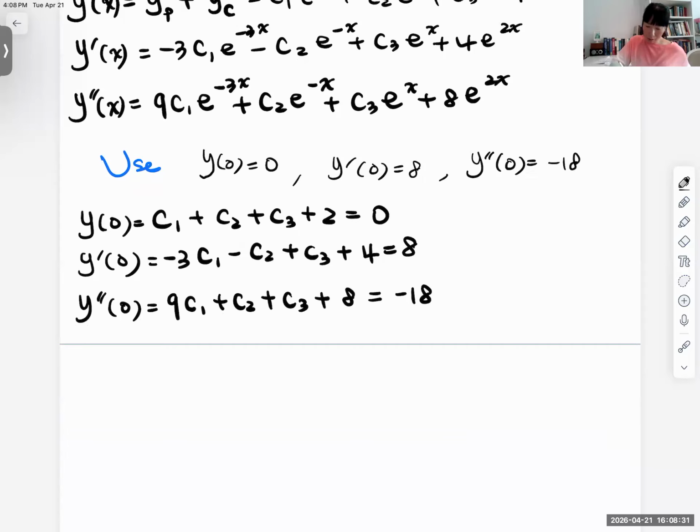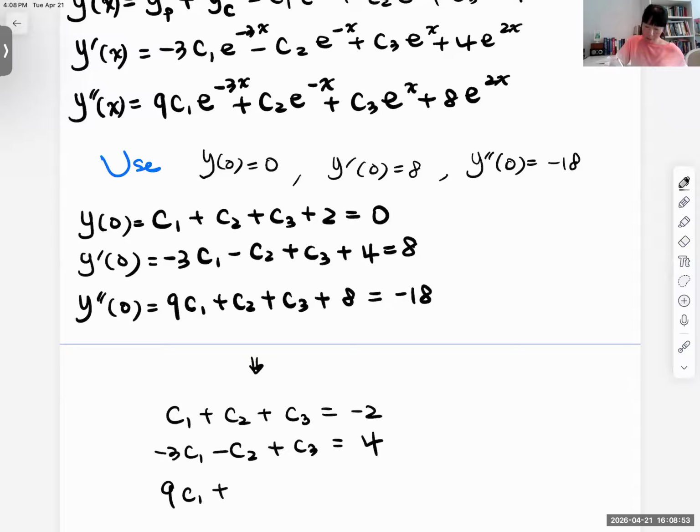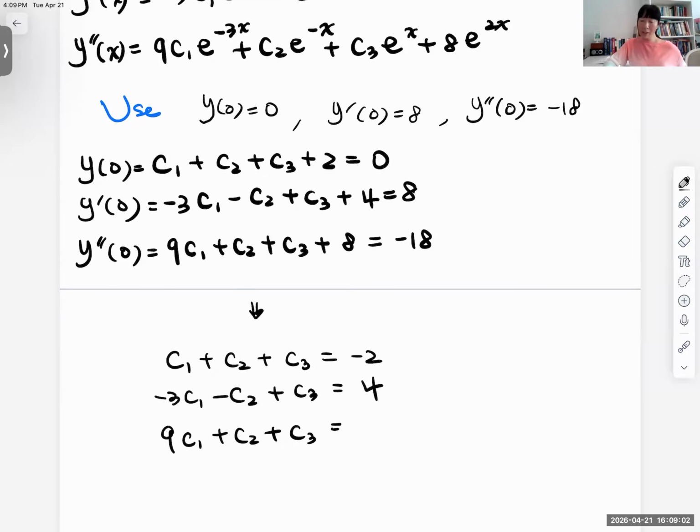So there will be c sub 1 plus c sub 2 plus c sub 3 equal to negative 2, and negative 3 c sub 1 minus c sub 2 plus c sub 3 equal to positive 4, and 9 c sub 1 plus c sub 2 plus c sub 3 equal to negative 26. Okay, so let me pause and then I'm going to use decimals.